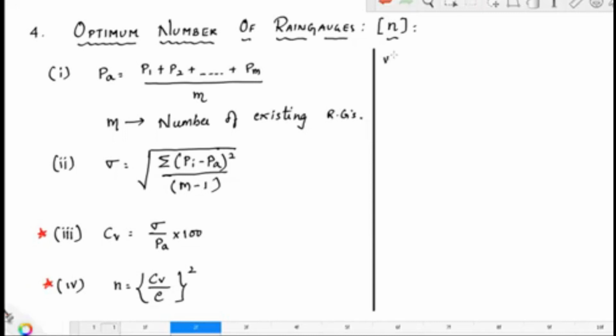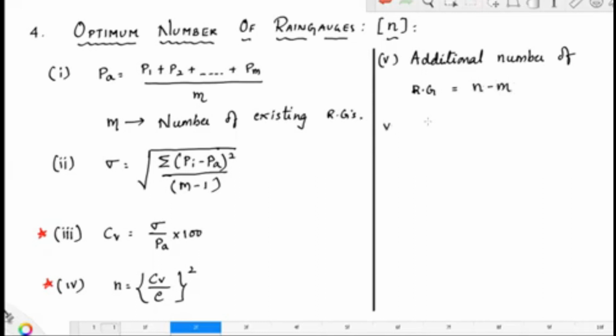So fifth point is that if you want to find out additional number of rain gauges, then you should find out n minus m.